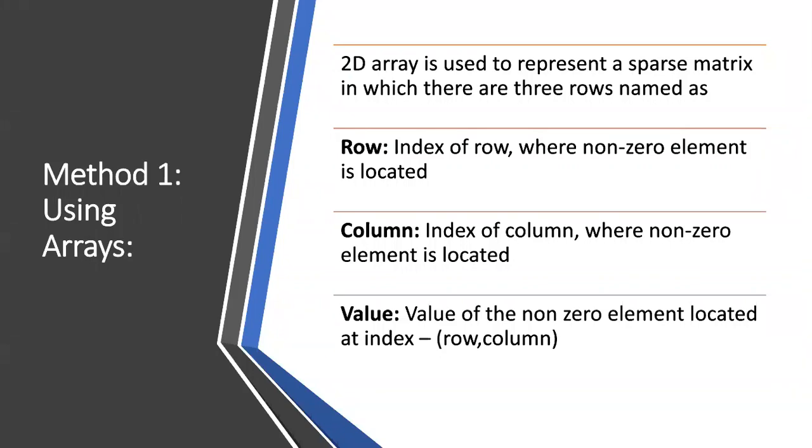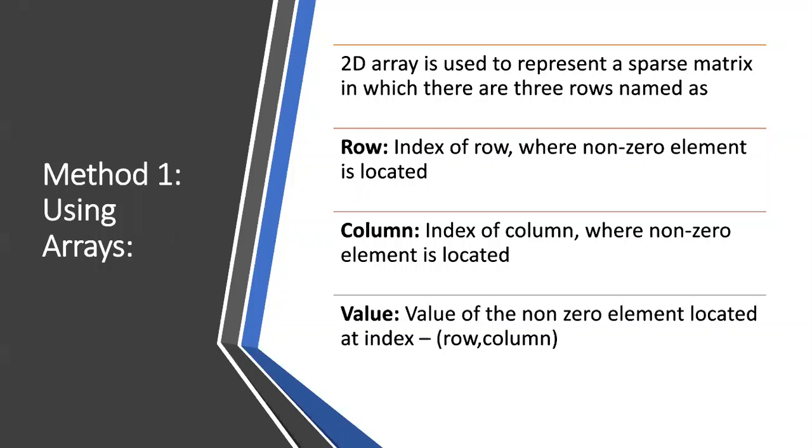There are three columns named row, column, and value. We describe only a single non-zero element with these three details. Row is the index of the row in the sparse matrix where the non-zero element is located.